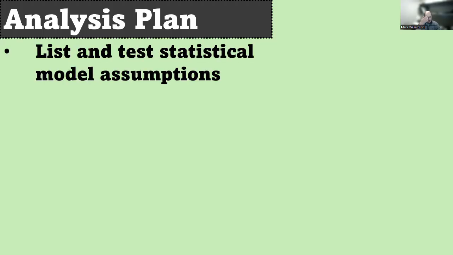You want to make sure you list and test statistical model assumptions because a lot of models, and in fact all models, have certain assumptions. So if you're going to run a linear regression model, it has assumptions like normality of data. If you're going to run something like ANOVA, there's going to be homogeneity of variance included along with normality, etc. I mean, there's more.